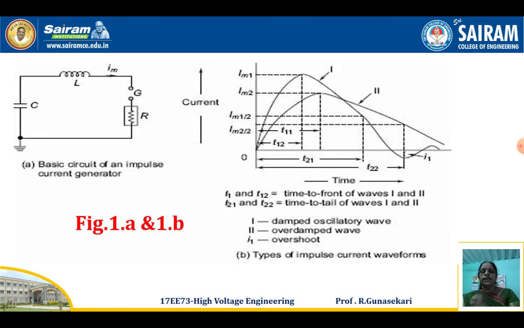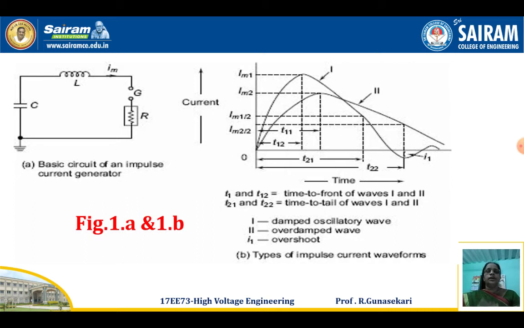G is the gap, C is the capacitor, L is the air-cored inductor, and R is the resistance of the test object. All are connected in series and then grounded. This is the basic circuit of the impulse current generator, which is used to generate the impulse current waveform.